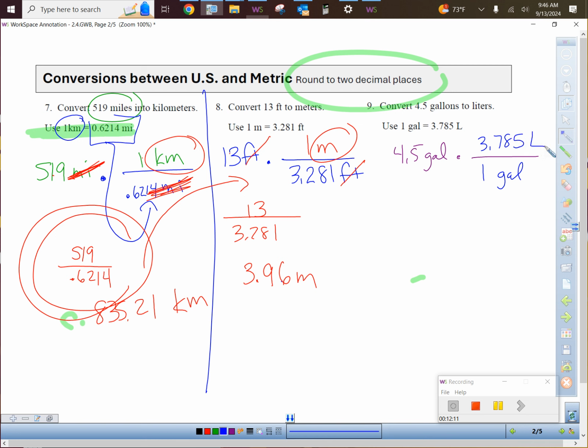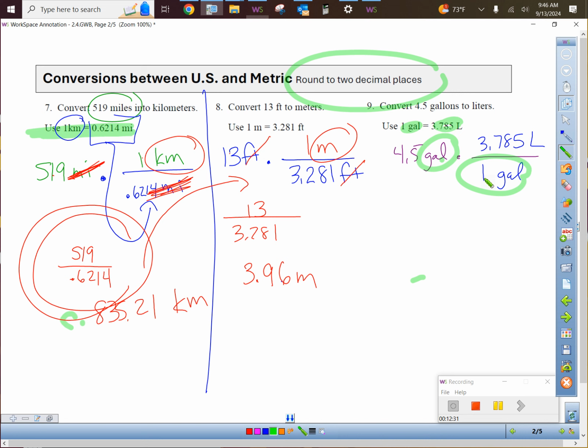And the big L is for liters. If gallons is upstairs in the original given stuff, you put gallons downstairs in the one that you multiply it by. Even though it's out of order, it doesn't always mean that this is upstairs and this is downstairs. Gallons was upstairs, so you had to put the gallons downstairs in this one.